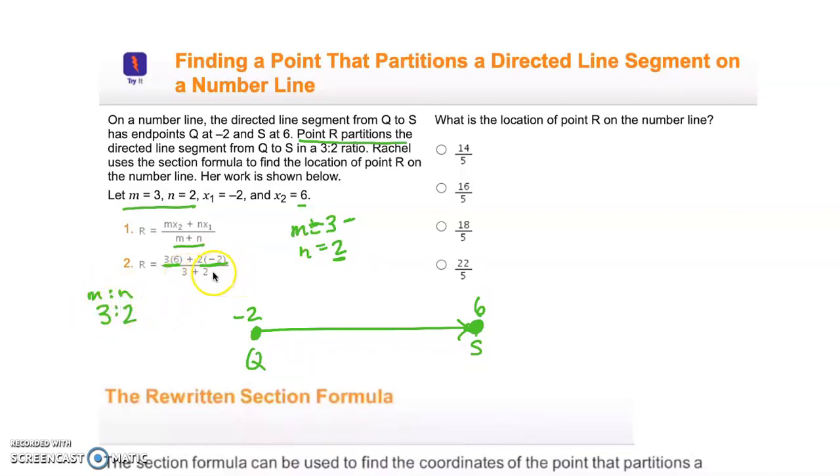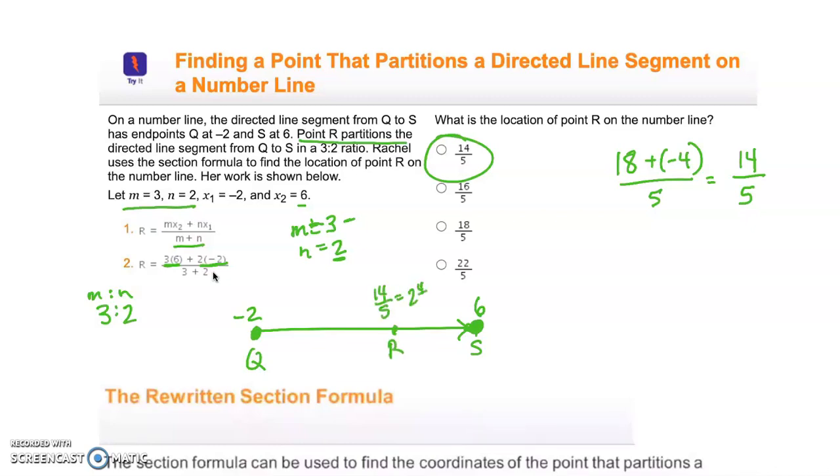And then we just simplify that. So 3 times 6 is 18, plus a -4, all over 3 plus 2 is 5. If we simplify that, 18 plus -4 is 14 over 5. So that is the location of point R, at 14/5, which is about 2 4/5.